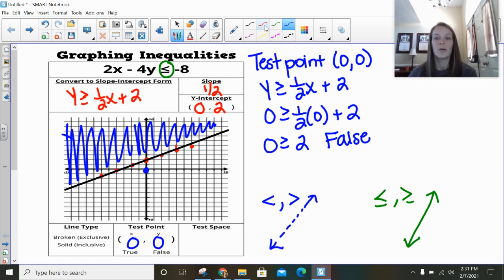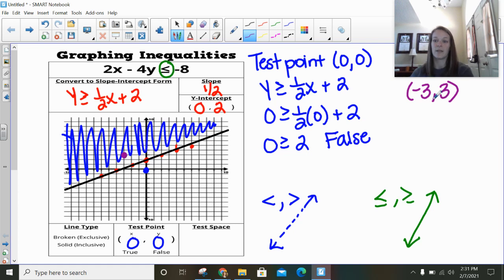And then to show you what all this shading up here means, if I pick any point up here in this shaded area, I'm going to go with this point right here, which is -3, 3. I just want to show you how you can check yourself to make sure you've shaded in the right area.